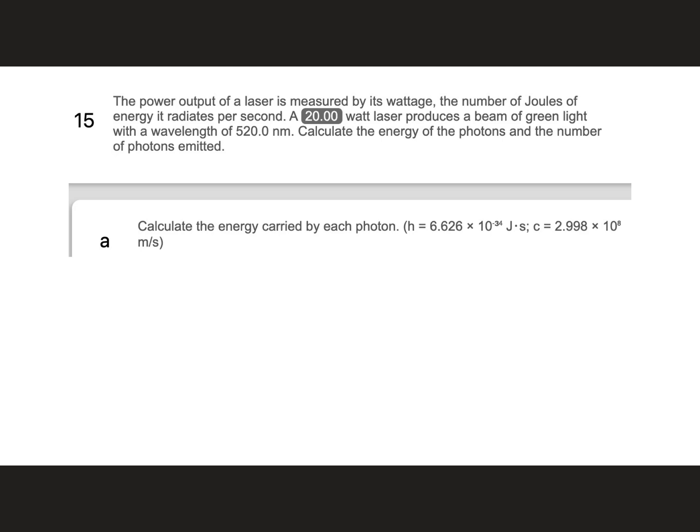There's a couple ways that we can do this because we know that watts equals joules per second, and this is a 20-watt laser, so that's 20 joules per second. First, calculate the energy of each photon.